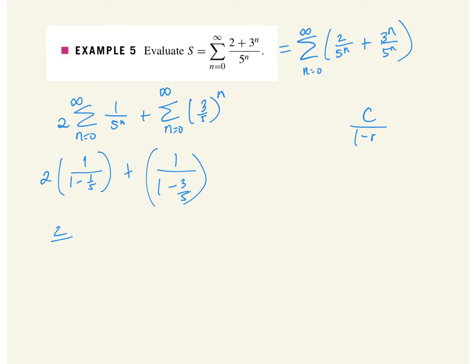So 2 over 4/5 plus 1 over 2/5 here. So then I end up having 10/4 plus 5/2, which is 5. Okay, so all of those common ratios were smaller than 1, so they all converged to values.